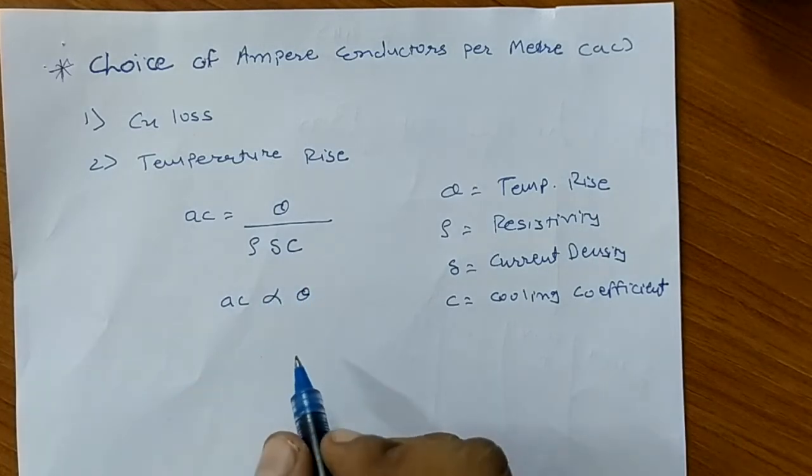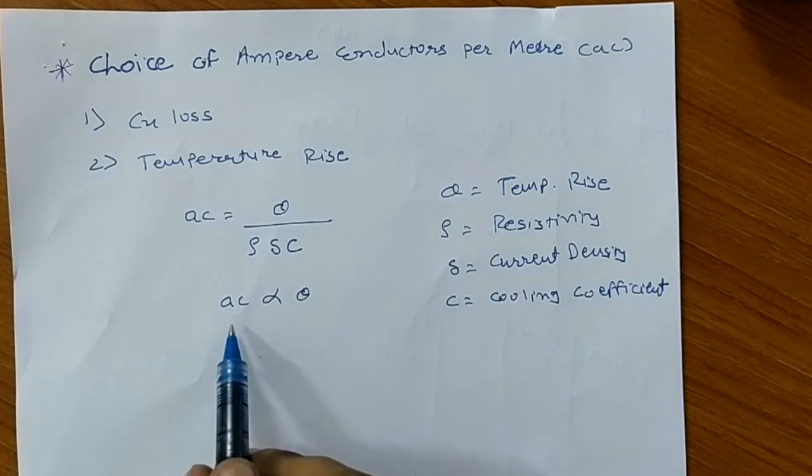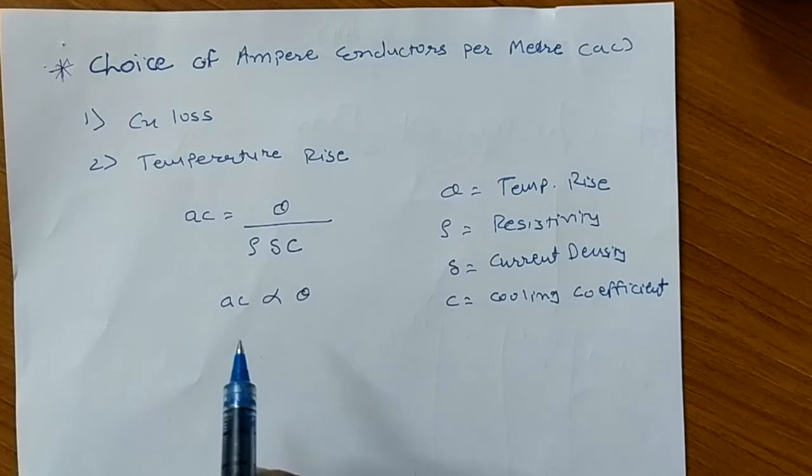So it is again a question whether we should keep the value of AC high or low. That depends on the particular application, or even on the location at which you are operating your machine.